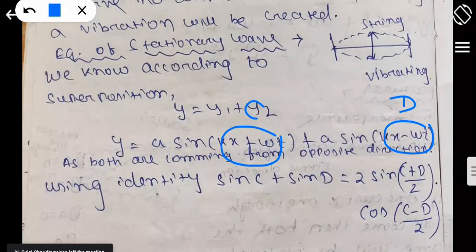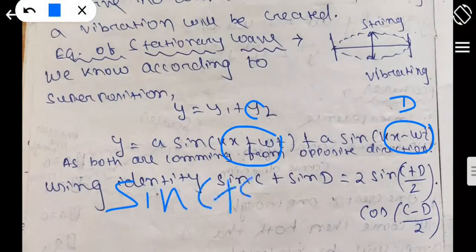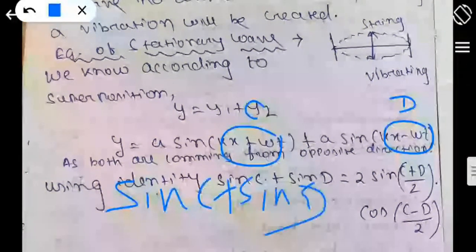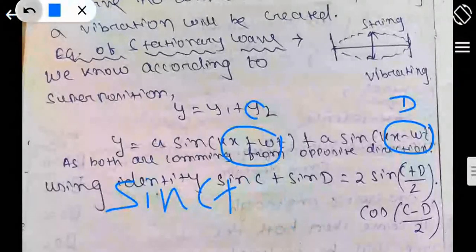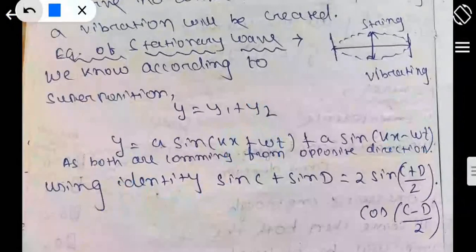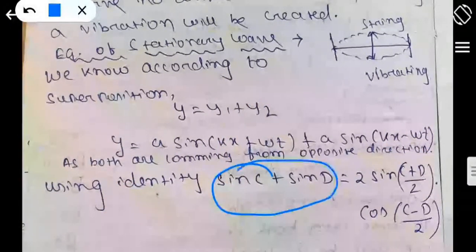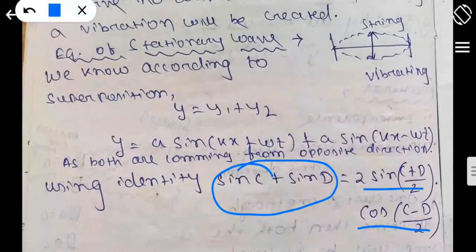What is the formula for sin c plus sin d? The formula for sin c plus sin d is 2 sin((c plus d)/2) multiplied with cos((c minus d)/2).